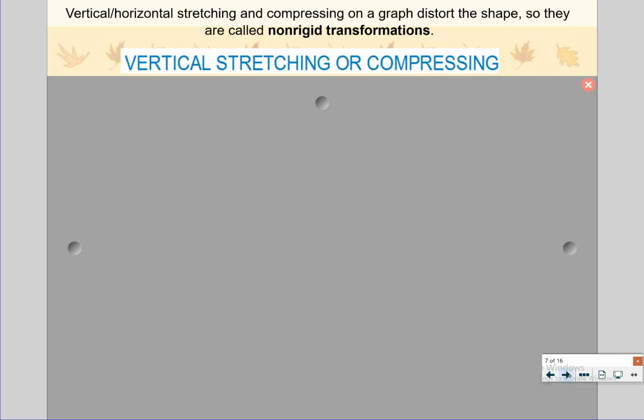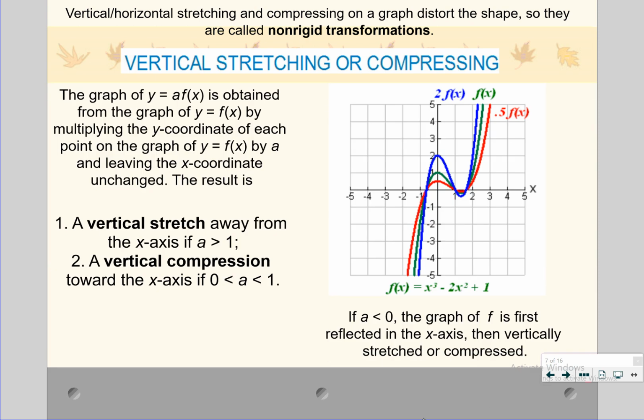Then we have stretches and shrinks, which are non-rigid transformations because they distort the way the graphs look. I like to think of these like taffy. If I have a vertical stretch or shrink, think about a piece of taffy and I'm pulling it away from the x-axis or I'm pushing it towards the x-axis. So a vertical stretch will look like something gets skinnier because I'm pulling it away from the x-axis, and a vertical shrink will look like it gets fatter, a little wider in the middle, because I'm pushing it towards the x-axis.